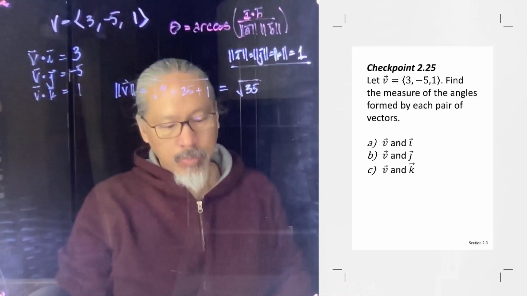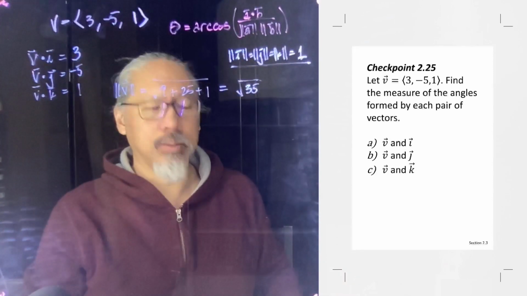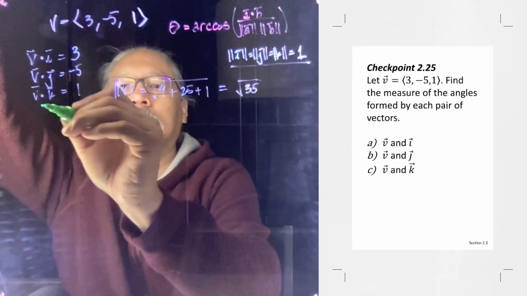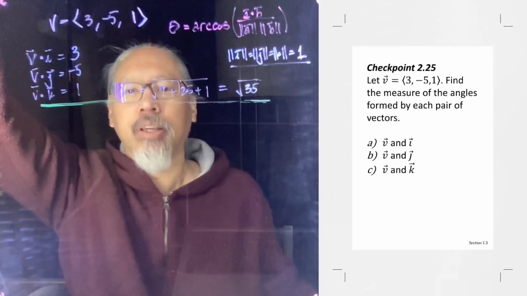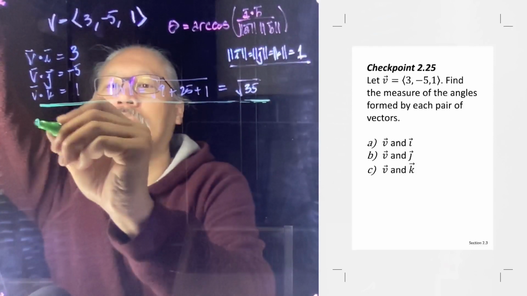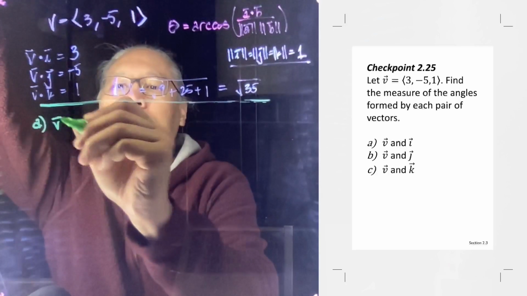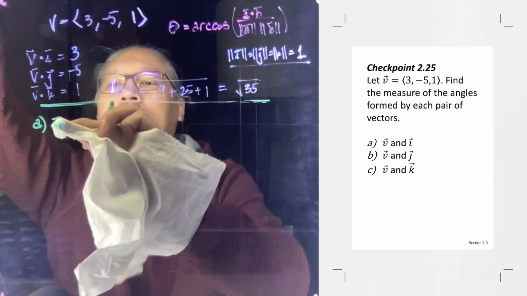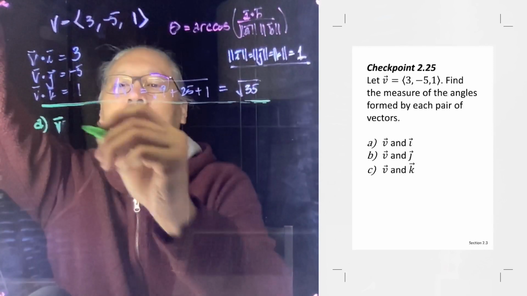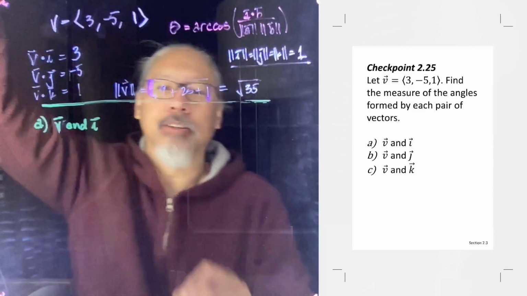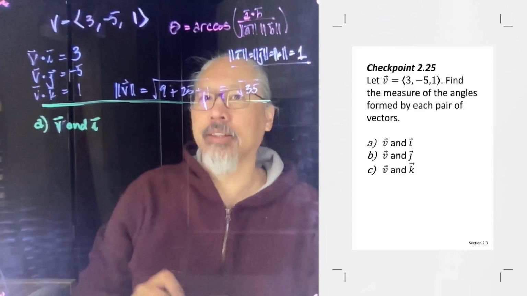Okay, I think we should be all set now to figure out the angles between the vector v and the axes. Let's start off with a, that's v dot product with the i vector, so along the x-axis.